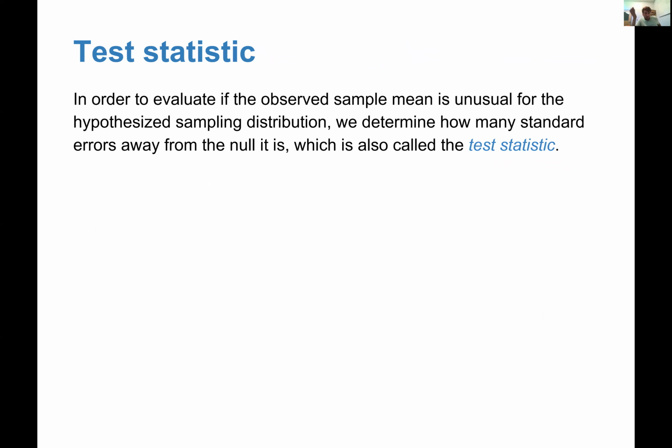Okay, the test statistic. In order to evaluate if the observed sample proportion is unusual, we need to determine how many standard errors away from the null hypothesis it is. So that's the test statistic. We're assuming the null hypothesis, so we're assuming that p is really 0.5 and the standard error is the square root of 0.5 times 0.5 over 850.